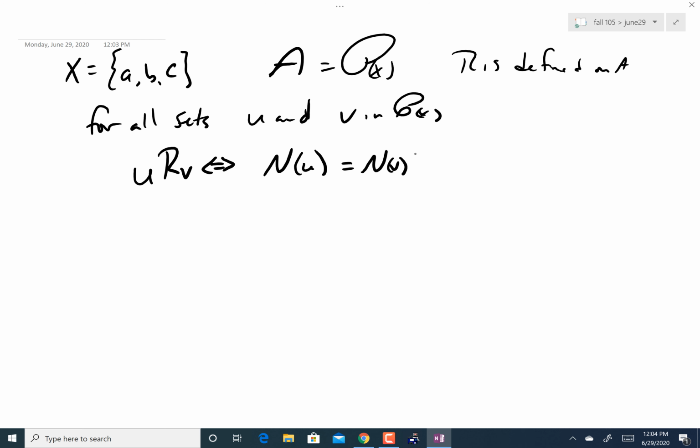Cool. So remember, the power set is the empty set, and then it's {a}, {b}, {c}, {a,b}, {a,c}, {b,c}, {a,b,c}. Right? That's a power set.